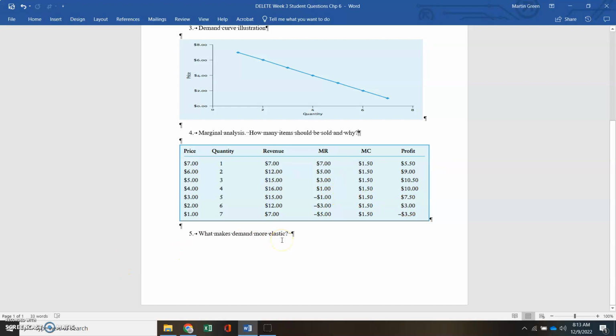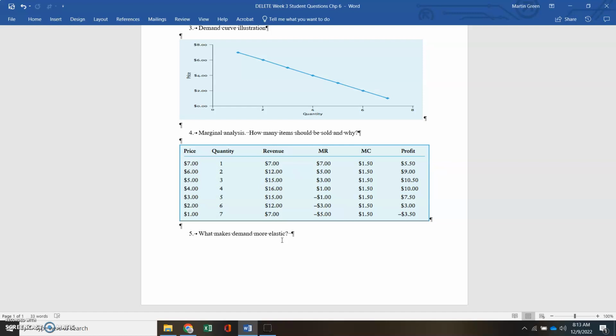The last item I'd like to talk about just very quickly is what actually makes products more or less elastic. And this goes into the discussion on elasticity of demand. Some of the different elements that change the elasticity of demand, the first one is substitutes.